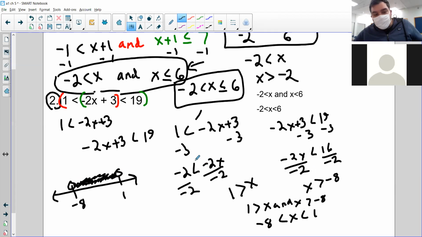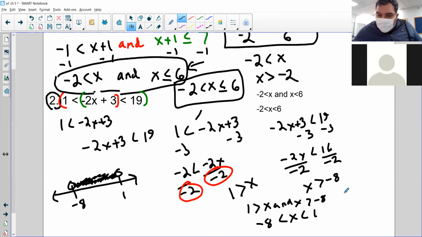Wait, can you show why you flipped the sign again? I flipped the sign because of this right here. I divided by negative 2. Because I divided or multiplied by a negative. I mean the second time, when you combine it. Oh, why I flipped the sign in the actual combined answer?